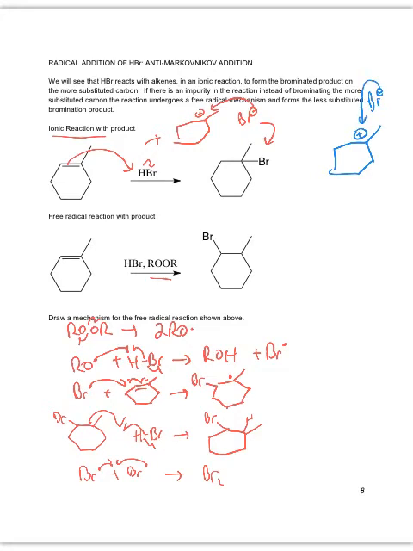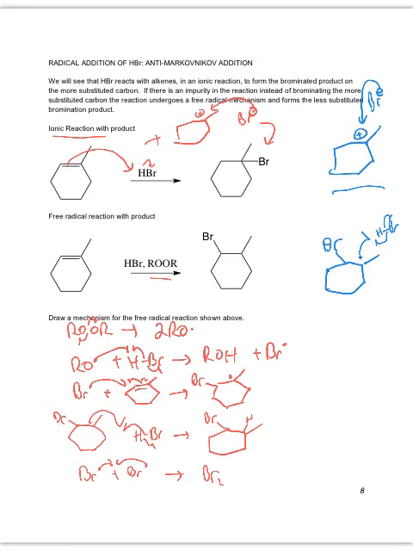And so the intermediate tells us which way the reaction goes. In the second reaction, where we have the free radical, we all know that the free radical is just like a cation. It's electron poor. So the more substituted it is, the more stable it is, and then it will go grab a hydrogen off of our HBr to form our product.